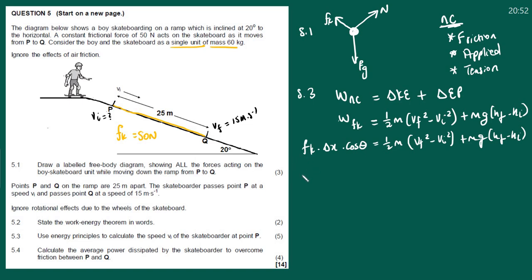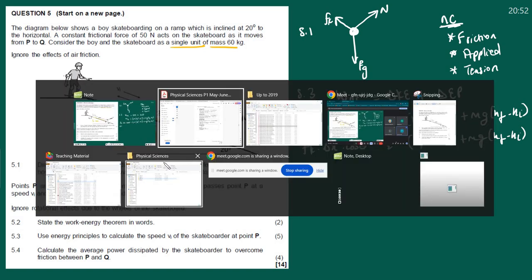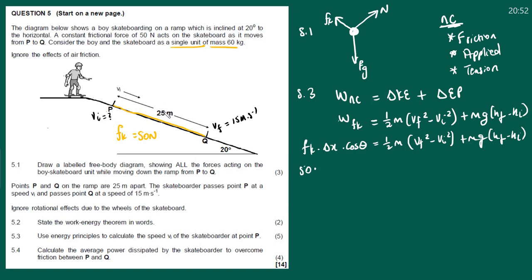The friction we're given, so we'd say 50, and the change in x is going to be the distance traveled from P to Q. It's given as 25, very nice, and then they use 180 degrees. Then you say half, the mass is 60.